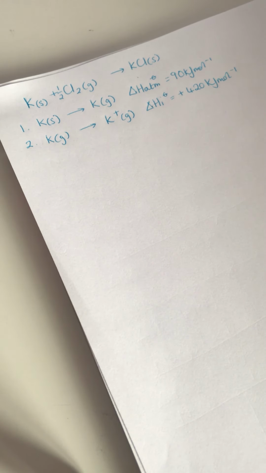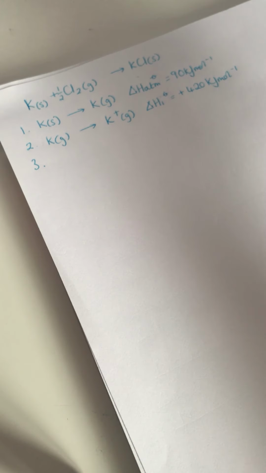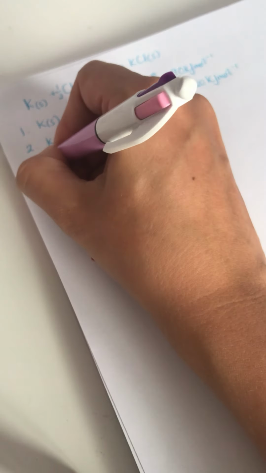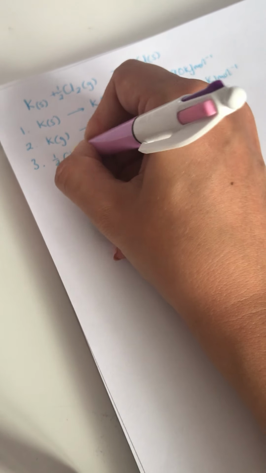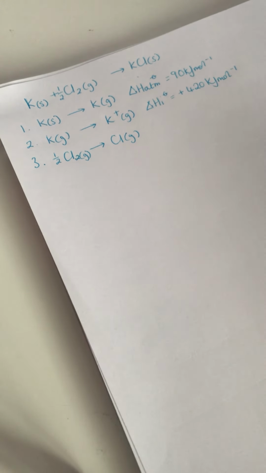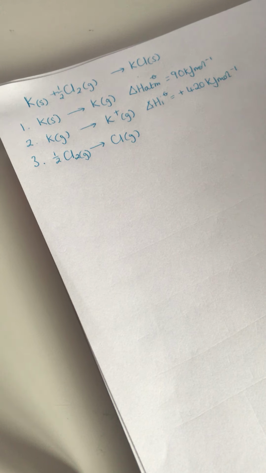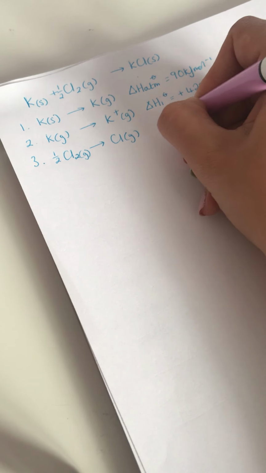I then need to think about my chlorine. So I've got half a chlorine molecule as a gas, which I'm going to change into a single chlorine atom as a gas. Now this is going to be the bond dissociation enthalpy. I've been told that the bond dissociation enthalpy of chlorine is plus 244.